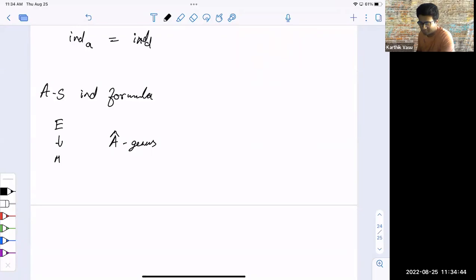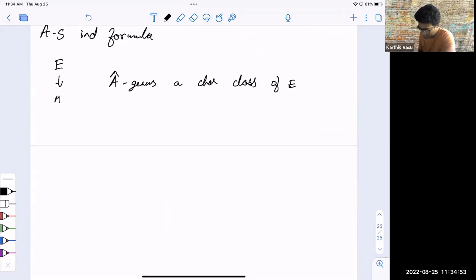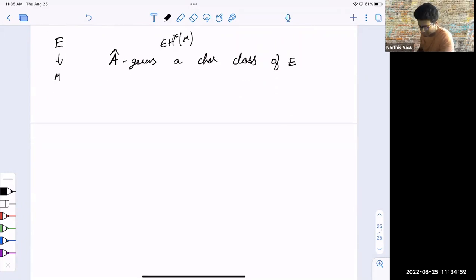That is also a characteristic class of E, right? So this is the A-hat genus. This will belong to some cohomology; I forget which dimension, but it belongs to some dimensional cohomology. What you will do is take the cup product of the A-hat genus with the fundamental class.